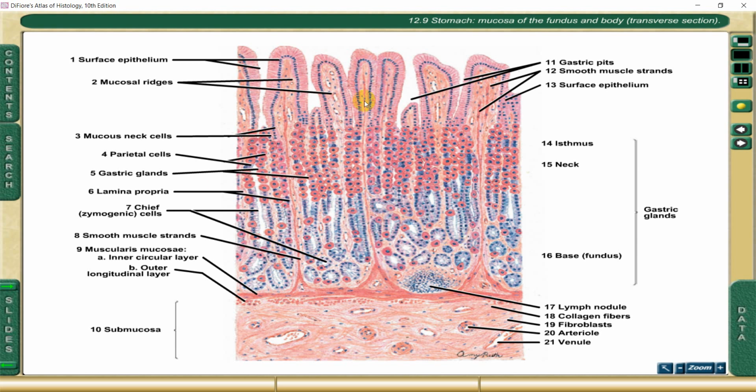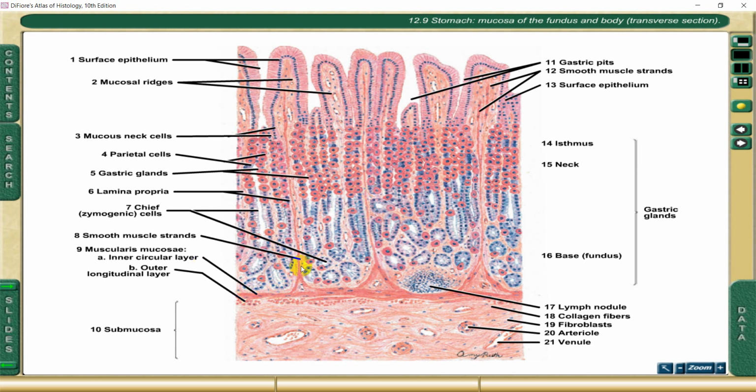This slide is a cross section from the mucosa of the fundus and the body. We notice here simple columnar epithelium with the surface lining cell, and the types of cells of the gastric gland in the lamina propria: parietal, stem, mucous neck cell, chief cell with the enteroendocrine cell.